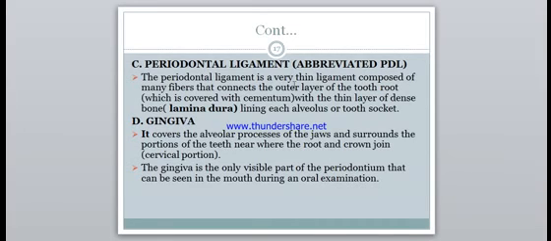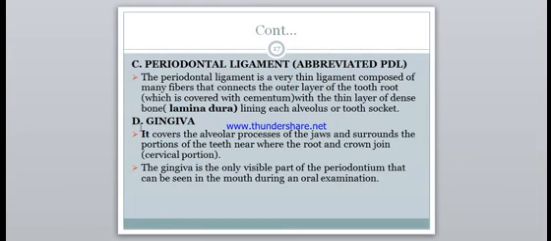This periodontal ligament is a very thin ligament composed of many fibers that connect the outer layer of the tooth root with the thin layer of dense bone, or lamina dura, lining each alveolus or tooth socket.